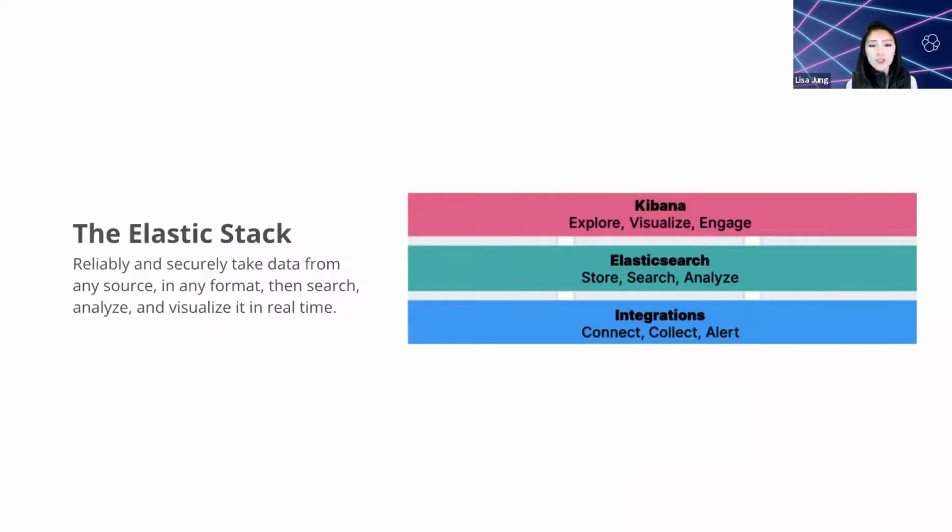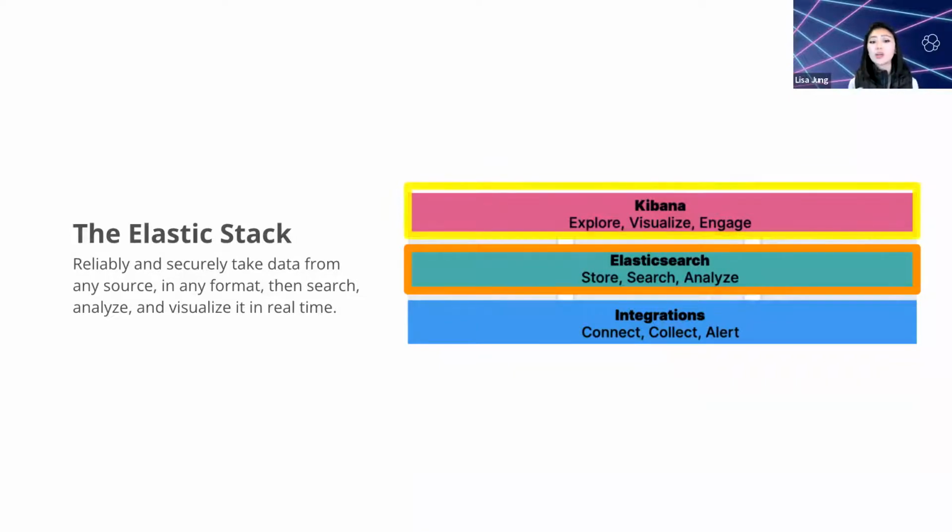Now, all of these use cases are made possible by the Elastic Stack. And with the stack, you could take data from any source in any format, then search, analyze, and visualize in real time. So it's a collection of three parts. First, we have Elasticsearch, which is the heart of the Elastic Stack. It allows you to store, search, and analyze your data.